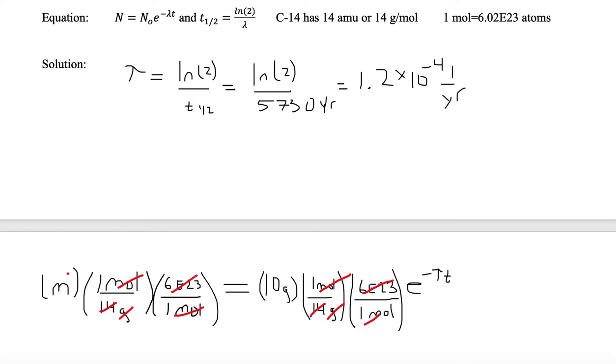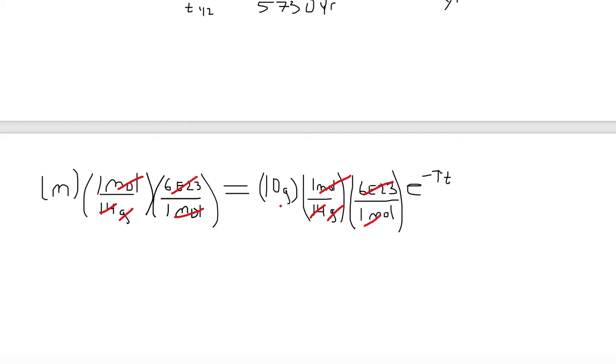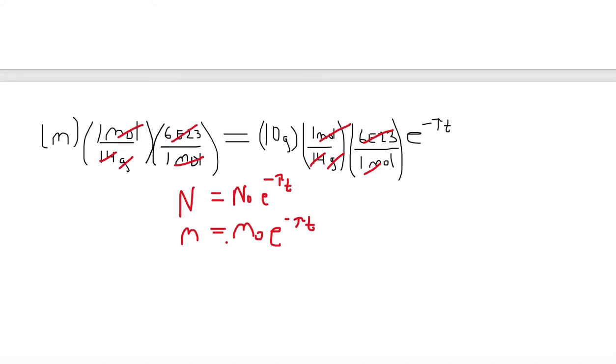Now we're just left with M is equal to 10 e to the minus lambda t. You can write it as N is equal to N0 e to the minus lambda t, or you can write it as M, if you're given units of grams, is equal to M0 e to the minus lambda t. Since we're given units of mass, we don't really need to change our format of our equation.